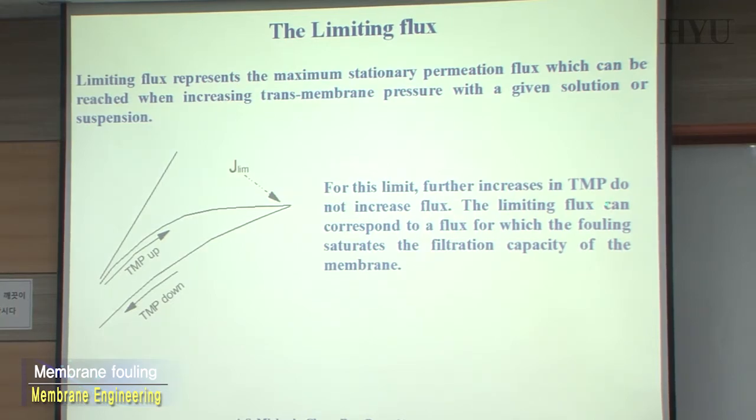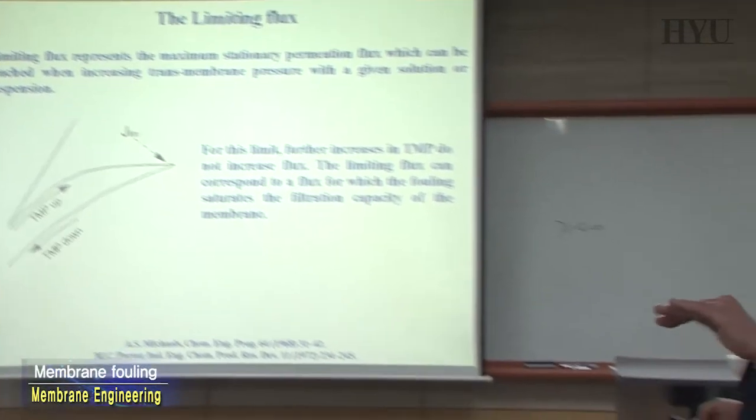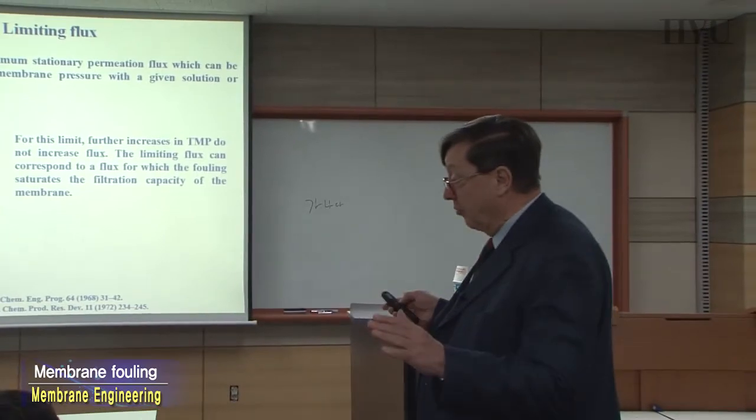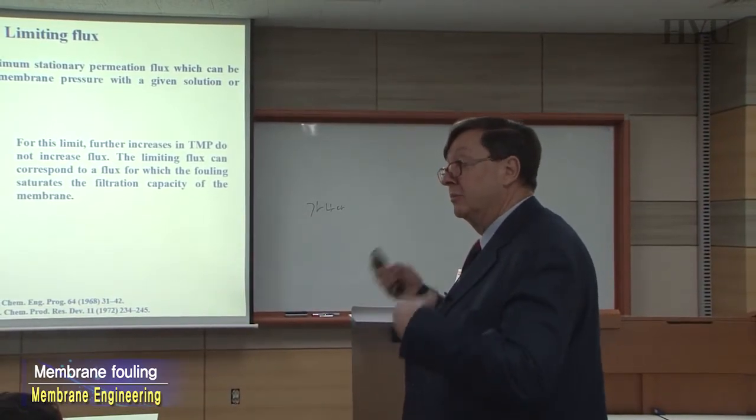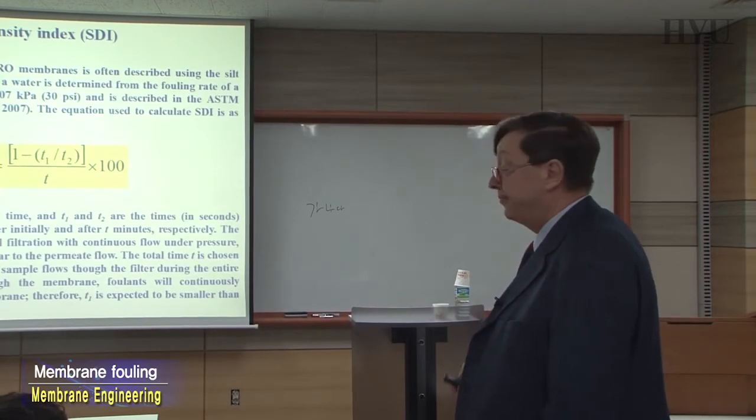That means the limiting flux is the flux that corresponds to the situation in which fouling saturates the filtration capacity of the membranes. In a situation in which you can double the pressure, the driving force, and flux does not change, the fouling phenomenon that you have been creating, for example the formation of a gel layer, has completely blocked the possibility to improve the performance of your system.